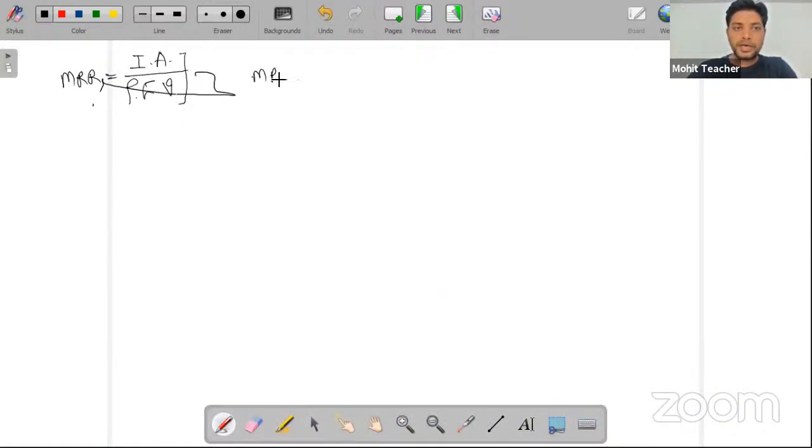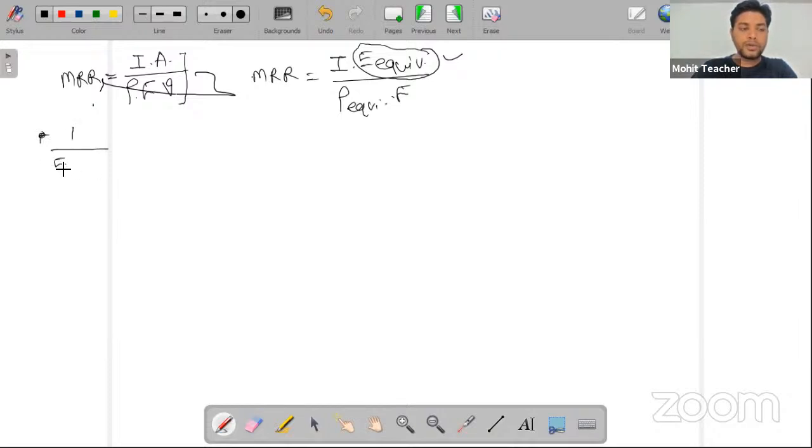So how can we write this formula? This material removal rate will be equal to I into E equivalent upon rho equivalent upon F. First of all, either we can calculate this value or we can calculate this value. So I am calculating this one first. So how can we calculate this E equivalent?